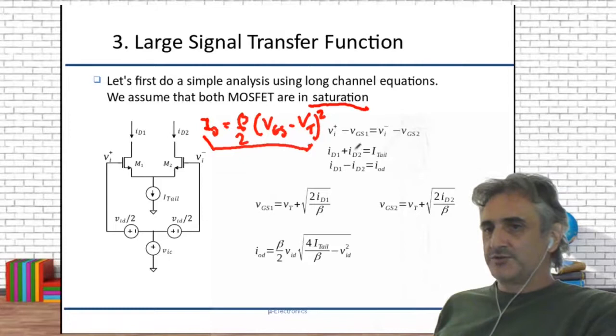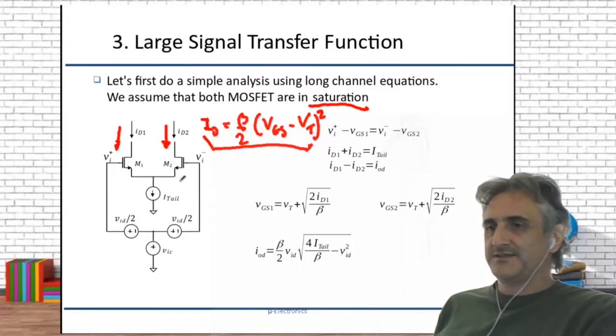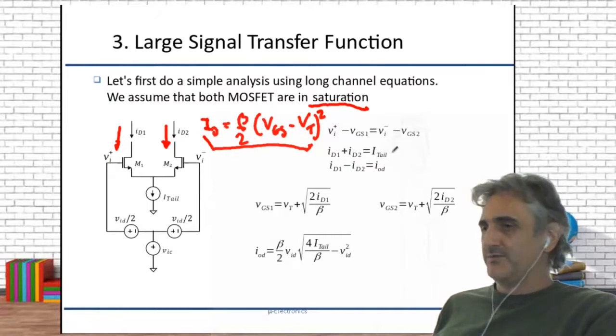Then, from this equation, we have this equation. We also have that the addition of both currents, the current flowing through both transistors, must add to I tail, the bias current, which is called I tail. Okay?